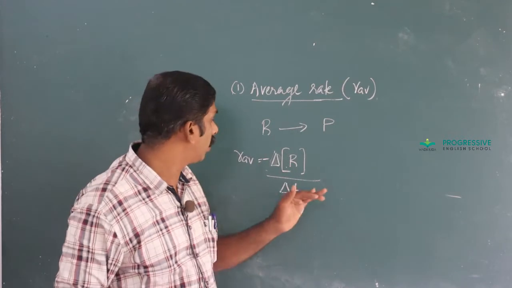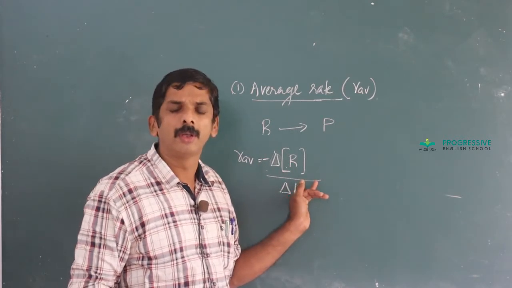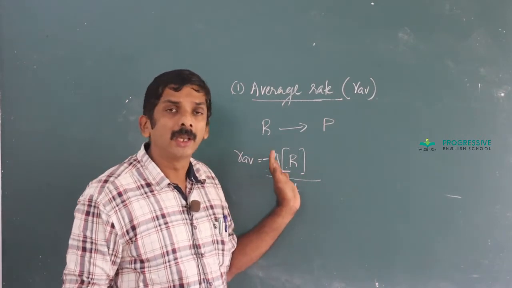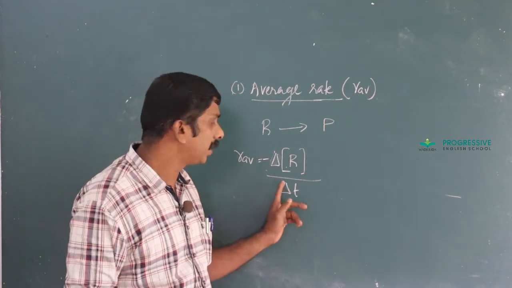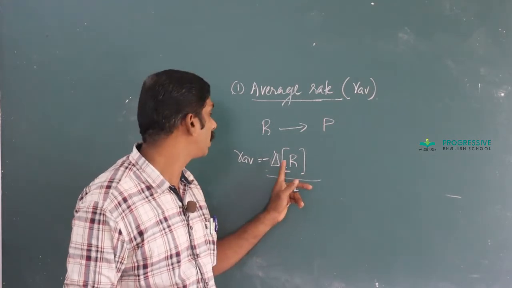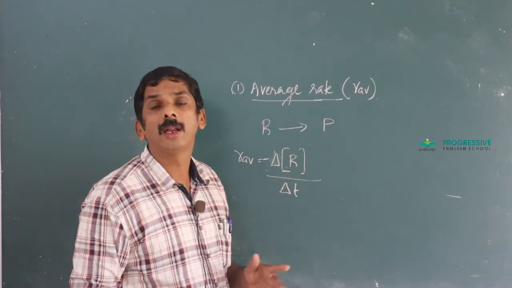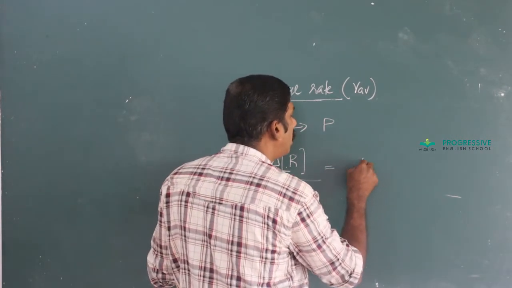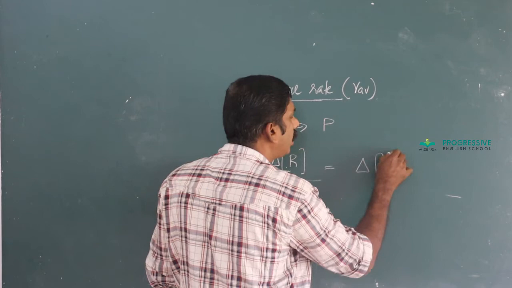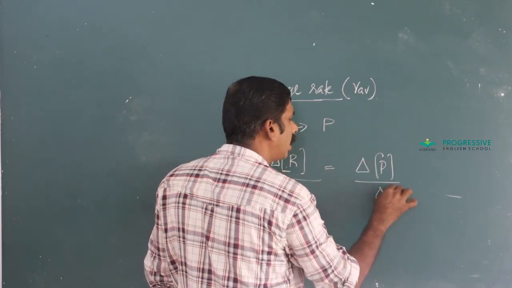When time equals 0, the concentration is x. When time equals 5 minutes, 5 minus 0 gives delta t, and x minus 1 minus x gives delta [R]. That is equal to delta [P] divided by delta t.